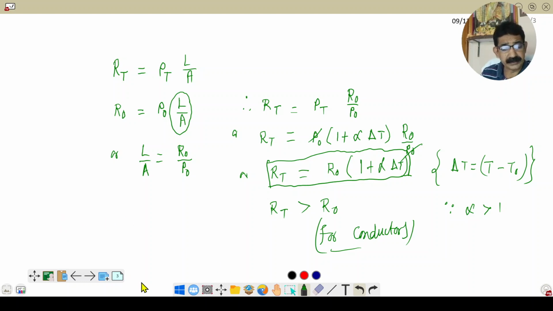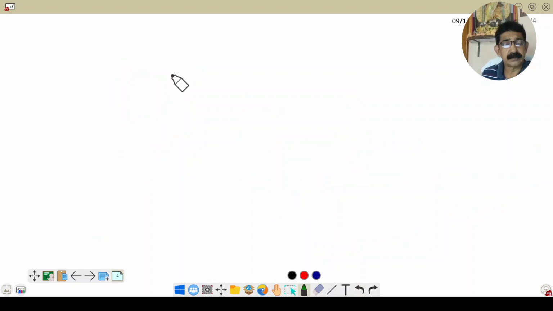So we can write R T is equal to R naught into 1 plus alpha into delta T.